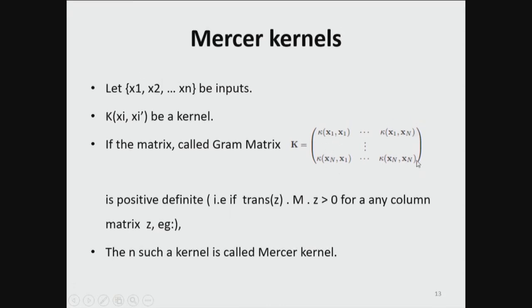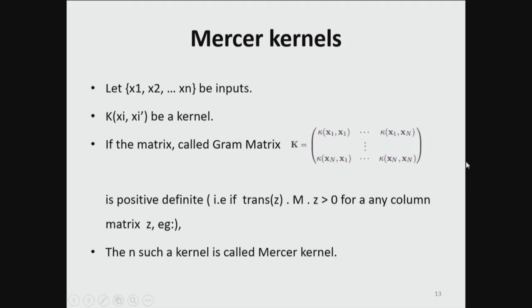Correspondingly, we create a matrix: kernel of x1, x1, kernel of x1, x2, etc., kernel of x1, xn, kernel of x2, x1, kernel of x2, x2, etc., kernel of x2, xn, etc. The last row is kernel of xn, x1, etc., kernel of xn, xn. Remember, each kernel being a real valued function, here we get a matrix whose order will be n cross n.